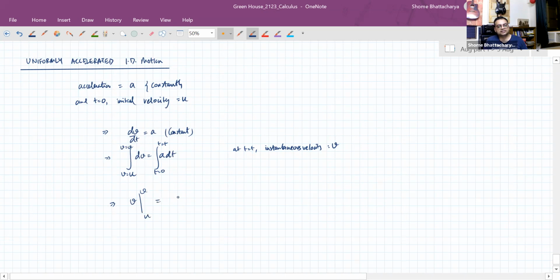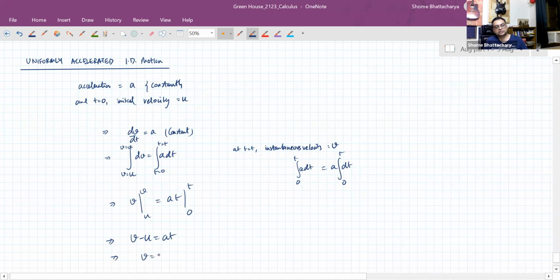On the right hand side, a will come outside. So this integration of a dt, a will come outside and this will apply. So this will be at from 0 to t. So this becomes v minus u is equal to at, or v equals u plus at.